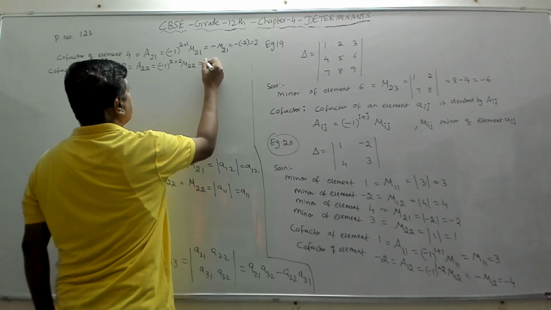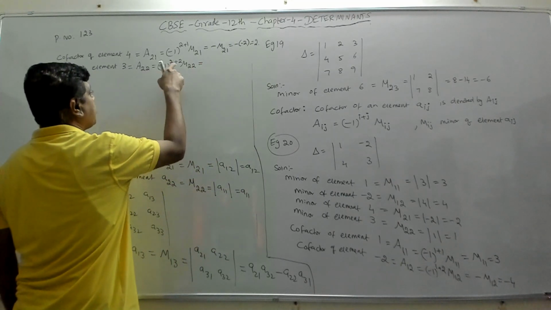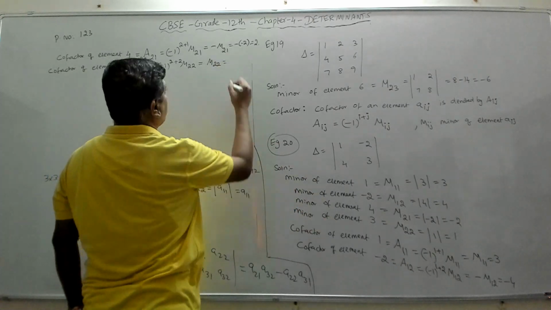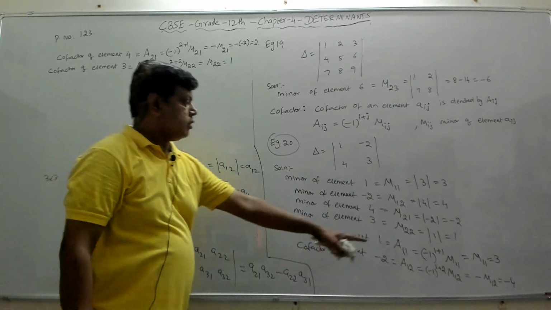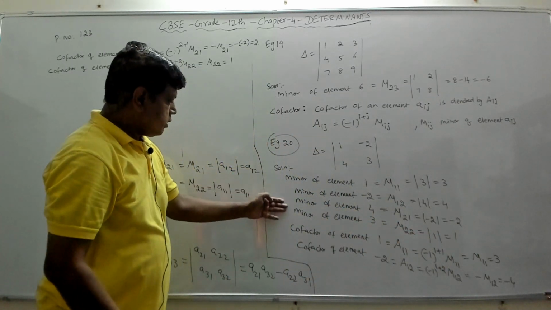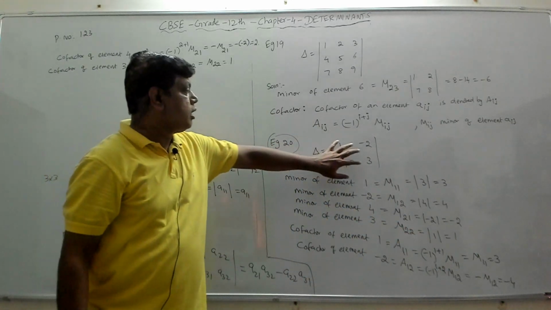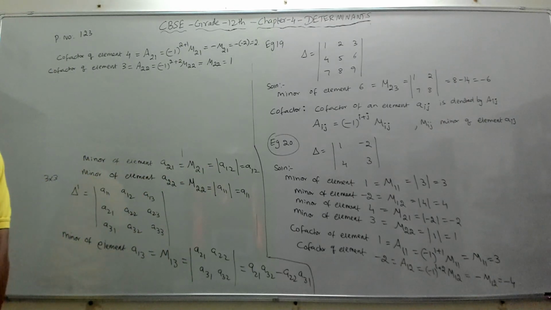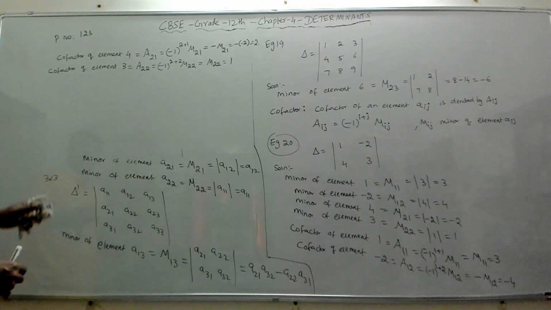Minus 1 power 4 is plus, so we get just M22, and M22 is 1. So we have found the minors and the cofactors of each element in this determinant. This is how you find all the minors and cofactors. All of you can pause the video and take the notes. I'll go to the next example.